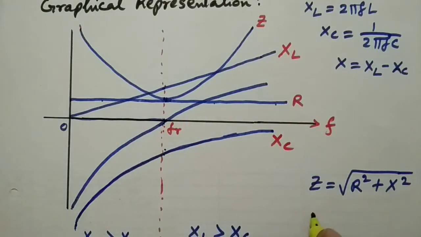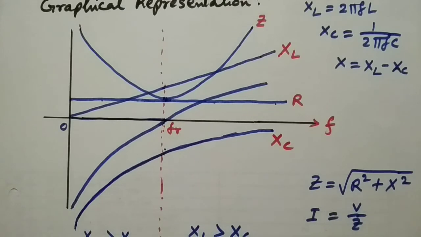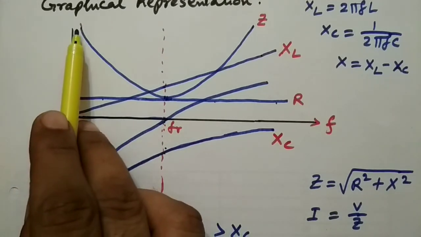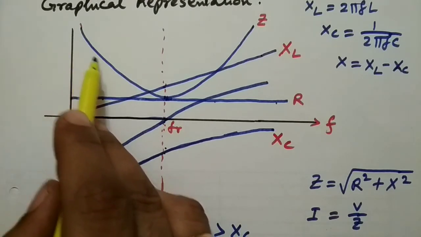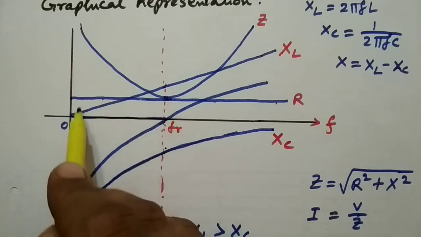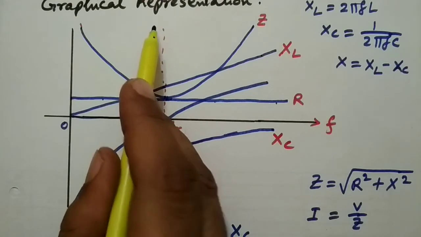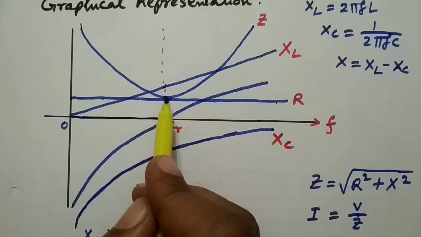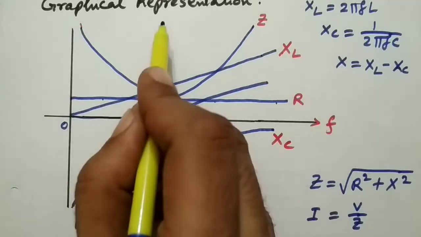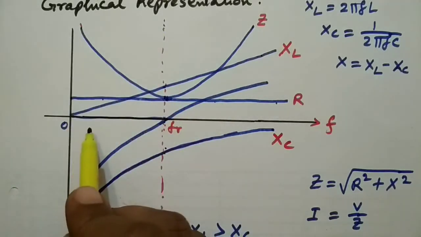And finally, the current. As we know that the current is equal to V upon Z. So when the Z is maximum, the current will be minimum. And as the impedance is gradually decreasing, therefore the current will be gradually increasing. At resonant frequency, the impedance is minimum and that is equal to R. Therefore, the current will be here maximum.